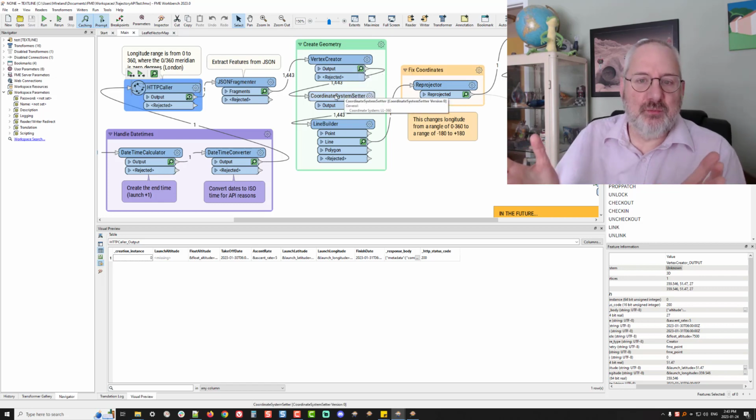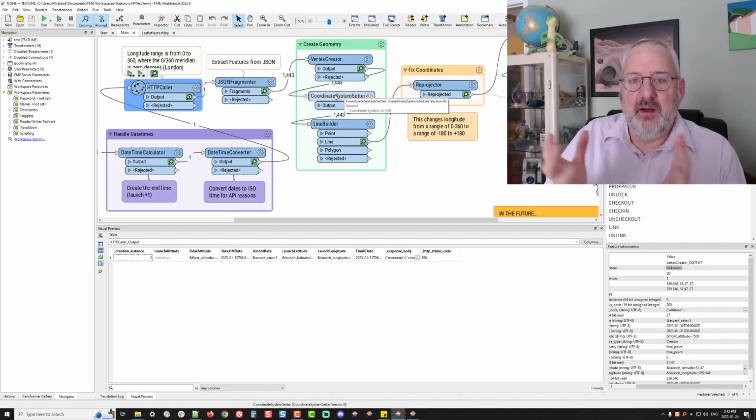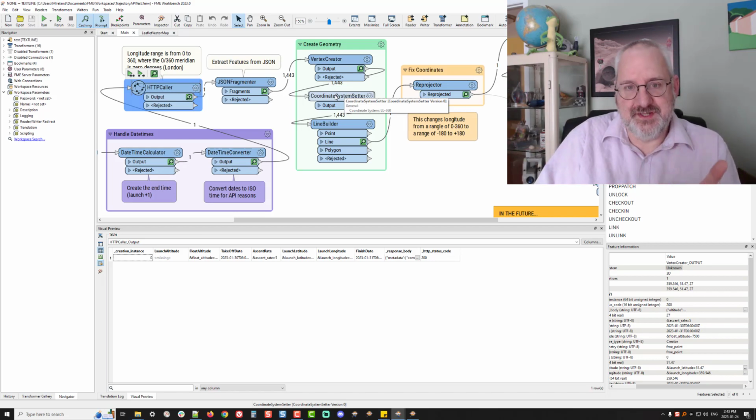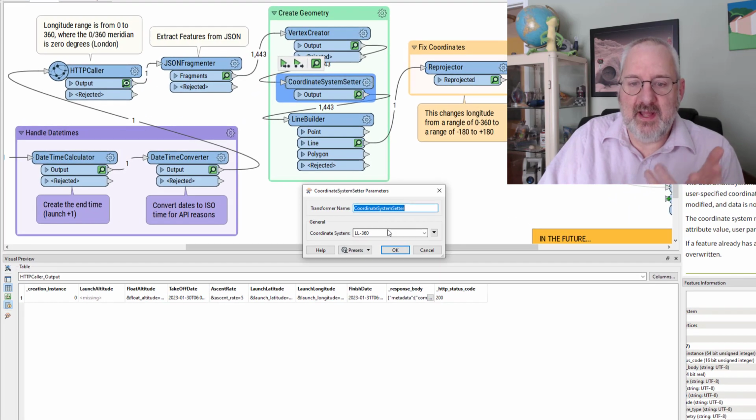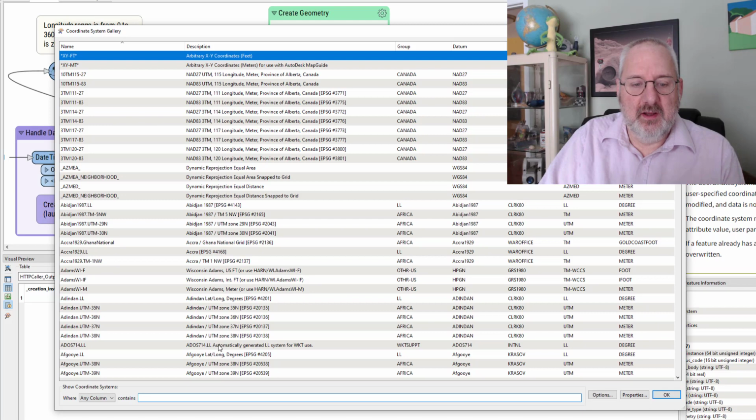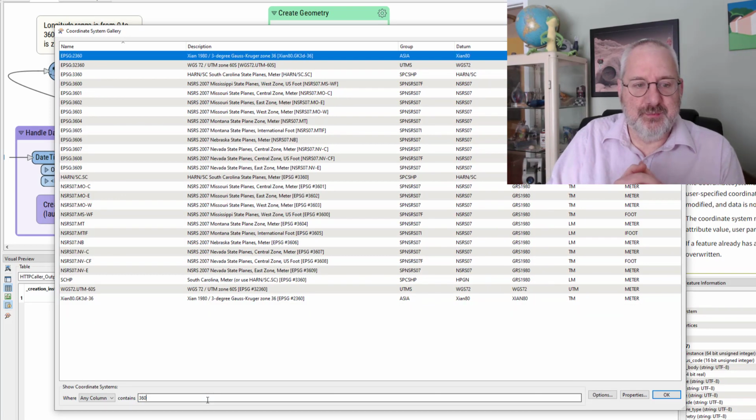So how do I fix that? Well, with the coordinate system setter, I just have to tell FME what coordinate system we're actually using. In this case, it's a fairly rare one called LL360. You may never have even heard of that. You probably won't even see it in the coordinate system list. It's sort of hidden away, but it's still there and you can still type it in.